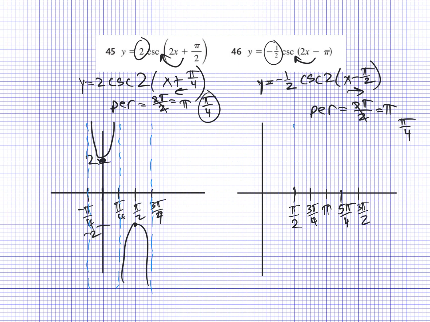Put your asymptotes in. And remember, the cosecant is now reflected. Okay, so that means we're at 1/2. So 1/2 and negative 1/2. Okay, so right here is the reflected part, and here's the reflected part of the other one.